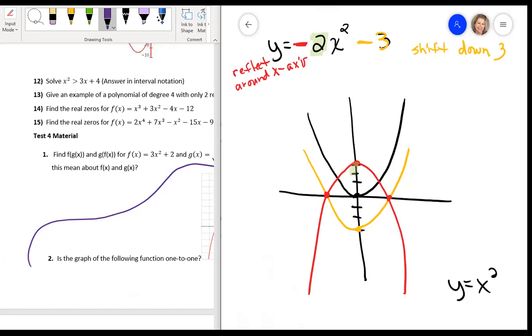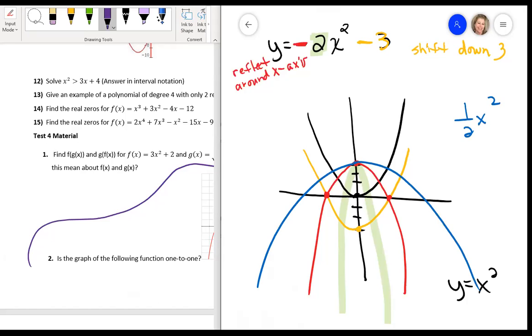So it's actually going to get sucked in a little bit more like that when you're done. Had that been a 1/2, let's say a 1/2 x squared, then it would have stretched it out more like that. That's what that coefficient does.